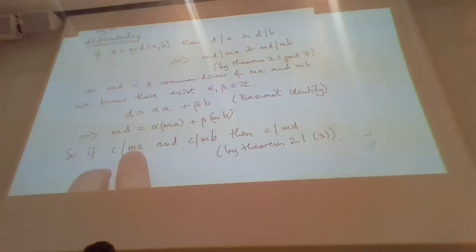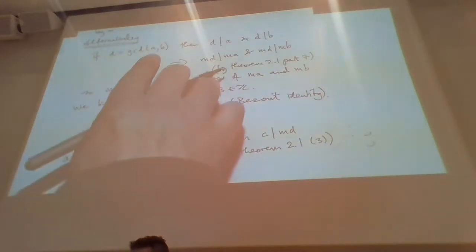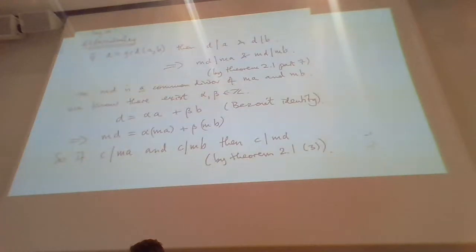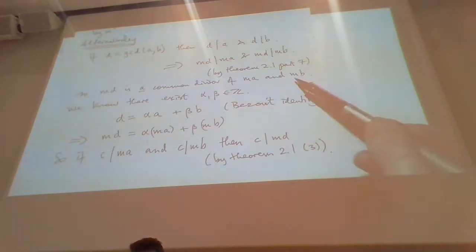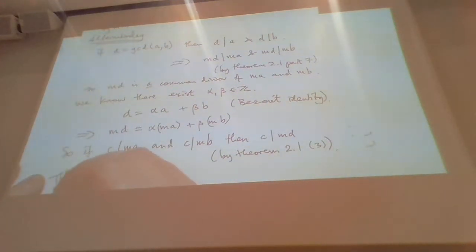So here's C dividing MA and C dividing MB, but we already have MD as a linear combination of MA and MB. So therefore C must divide MD. So MD, where D remember is the GCD of A and B, is a common divisor of MA and MB, and every other common divisor divides MD. So therefore, MD is the greatest common divisor.